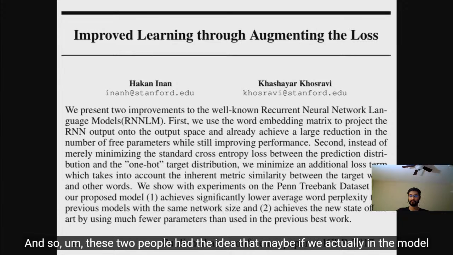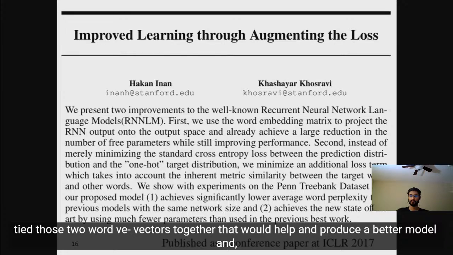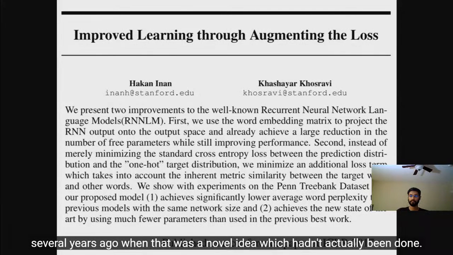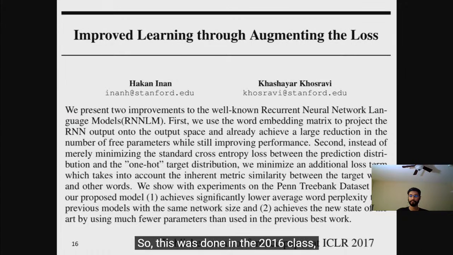So these two people had the idea that maybe if we tied those two word vectors together in the model, that would help and produce a better model. This was actually done several years ago when that was a novel idea which hadn't actually been done. So this was done in the 2016 class.